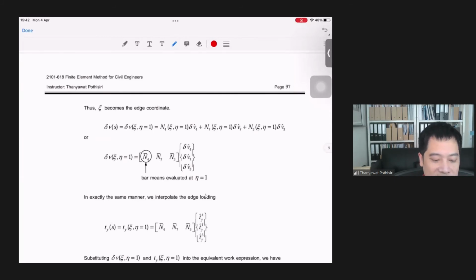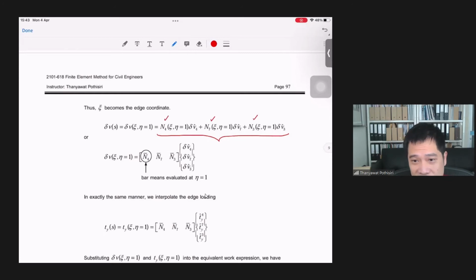Along this edge, the displacement, or the virtual displacement v, can be approximated by using this finite element approximation scheme. You see that we only have N4, N7, and N3 involved because all the other N's are 0 along this edge. Only the N's associated with the nodes on this edge would be non-zero.